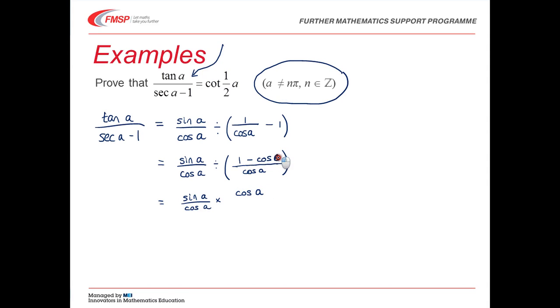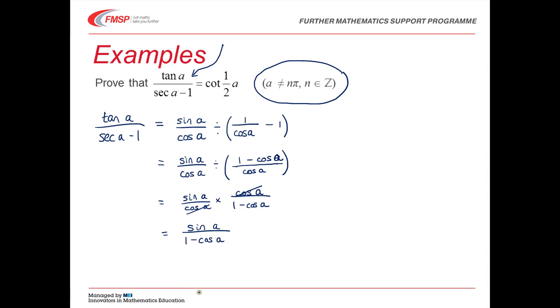So that should have been a small a. And then you'll see that the cos A's cancel, and we're left with sine A over 1 minus cos A.